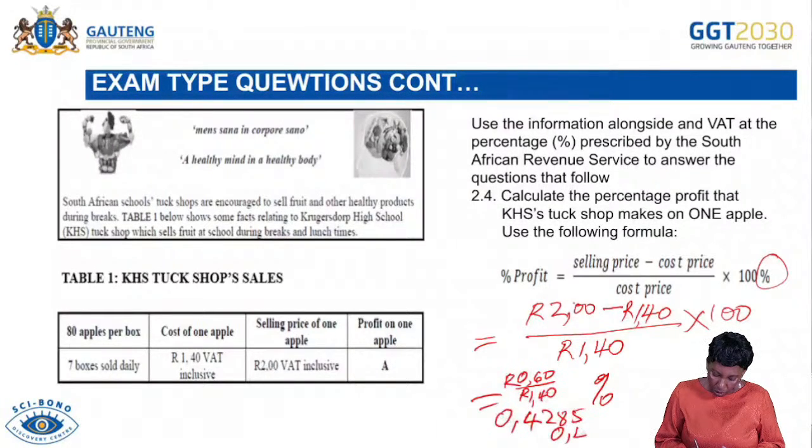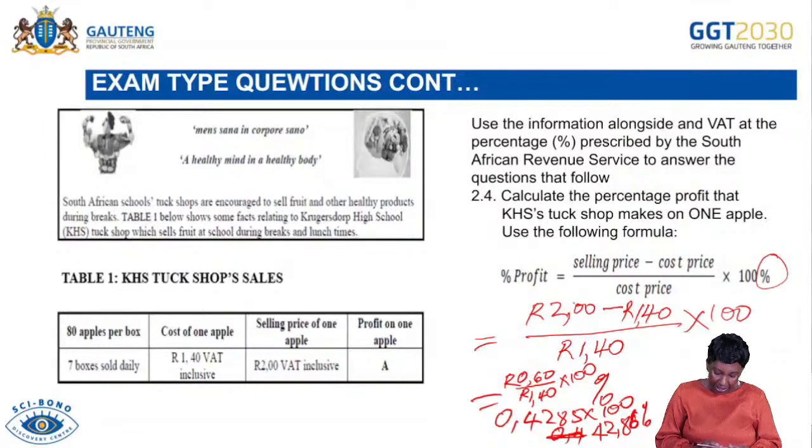We multiply the answer by 100. Remember, it is this one divided by this one, multiply by 100, and then it will be the percentage. This one we multiply by 100, it will give us the answer as 42.85%. Actually, it is 86% given the digits.